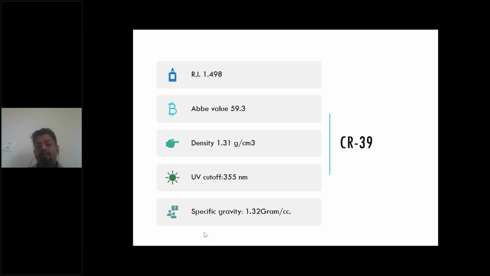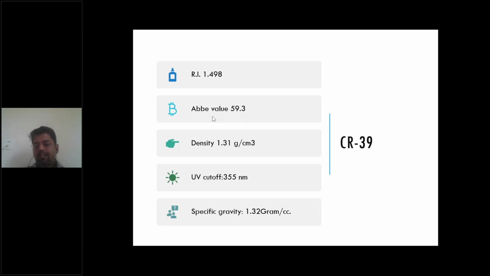So why have I included the Abbe value? I hope everyone knows what the Abbe value is. I just want everybody to be a little more interactive on this. So guys, what is Abbe value? If you can write it very quickly in the chat box, what do you understand exactly by the Abbe value that I have mentioned here?